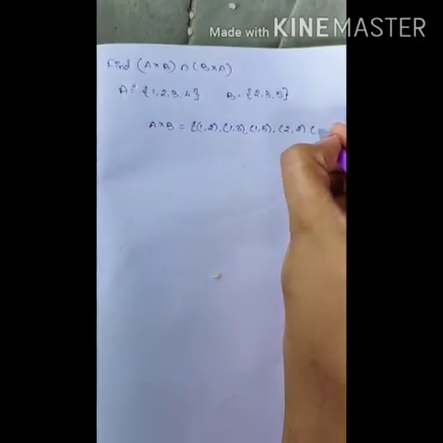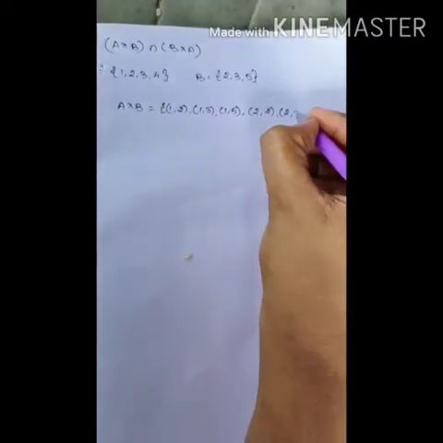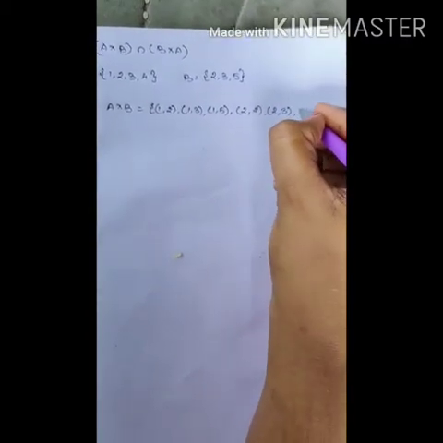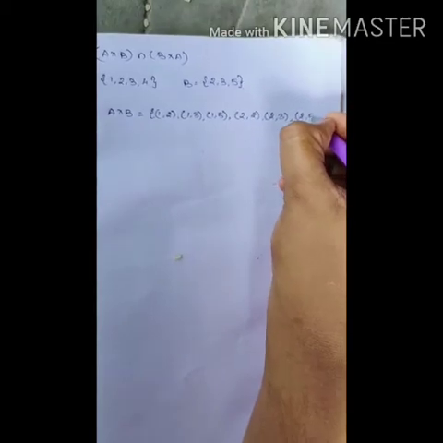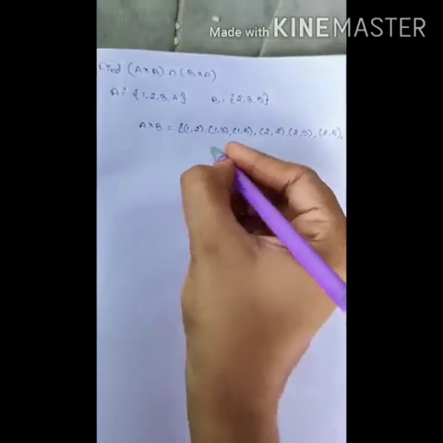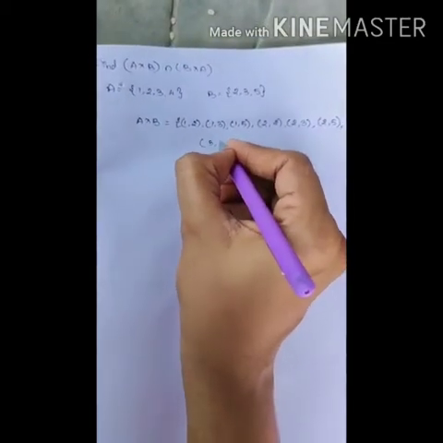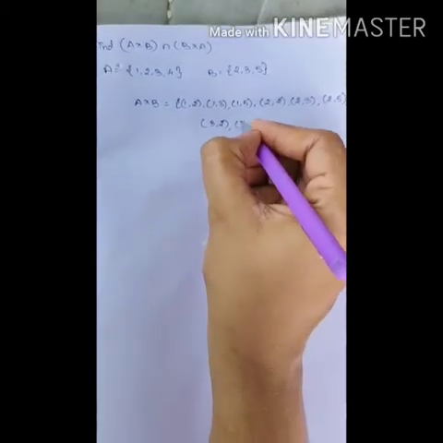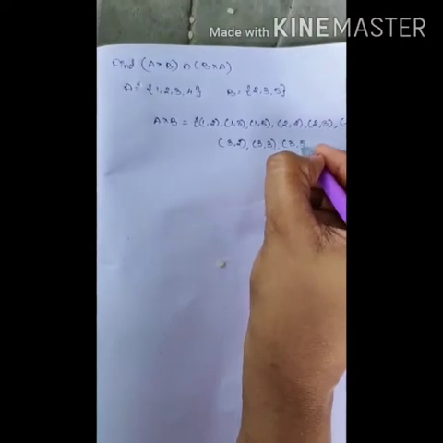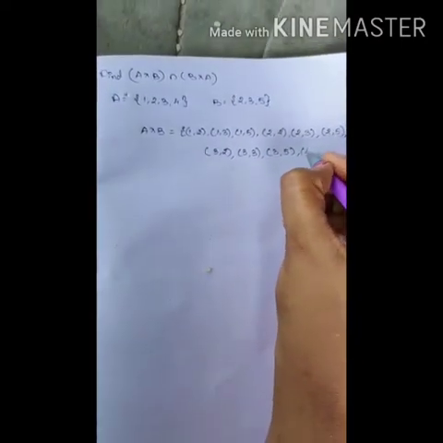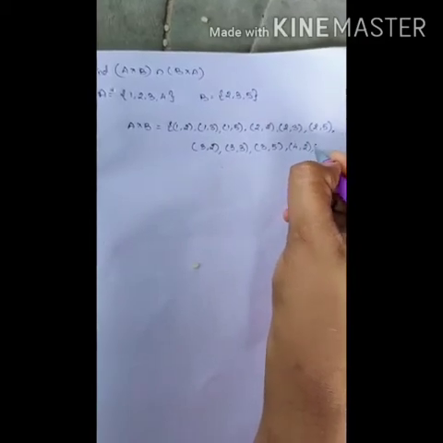So we will map all the elements from A to B. So (1, 2), (1, 3), (1, 5), and similarly (2, 2), (2, 3), (2, 5), and again (3, 2), (3, 3), (3, 5), and then lastly the last element (4, 2), (4, 3), and (4, 5).